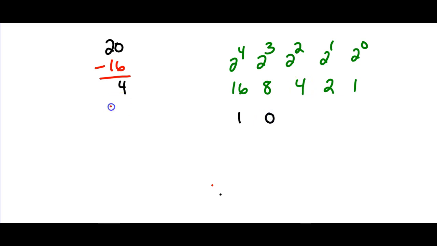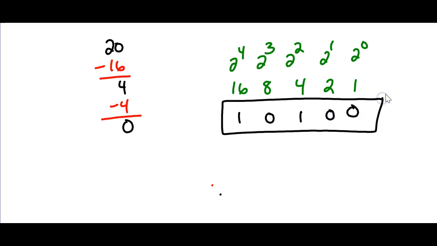So subtract a 4, and I'm left over with 0. So I subtracted 4. I have nothing else to subtract because I'm down to 0, so this becomes 0 0. So this number is the same thing as 20. 20 decimal is the same thing as 10100 in binary.